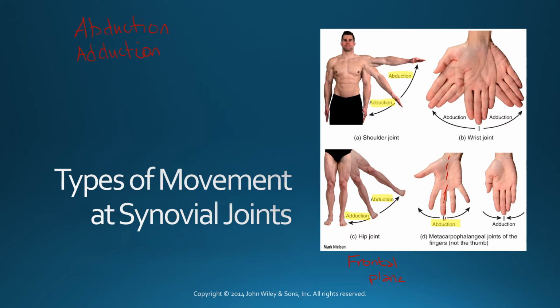In abduction, the thumb moves away from the palm in the sagittal plane. And then adduction is going to be returning back to anatomical position.